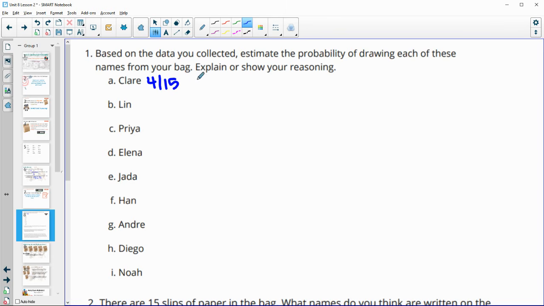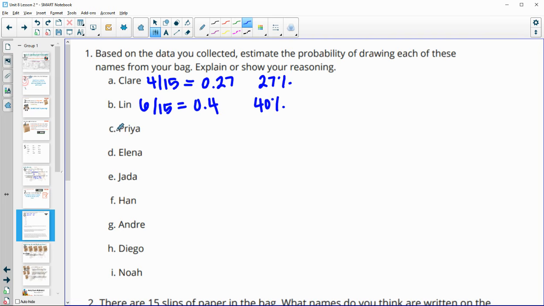So 4 out of 15 is about a 0.27 probability, which is a 27% chance. Lynn, we drew 6 times out of 15. And 6 divided by 15 is 0.4. So the probability we're estimating based on our results is a 0.4 chance for her, which is 40%.